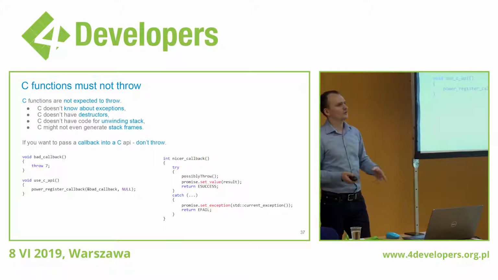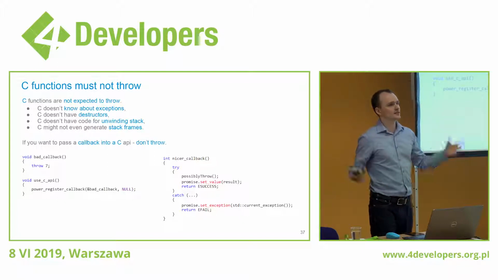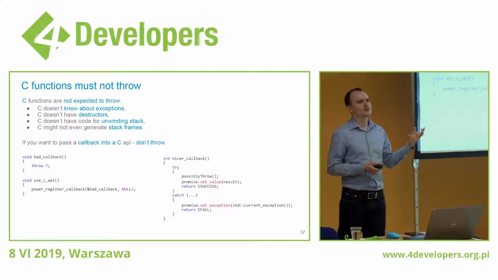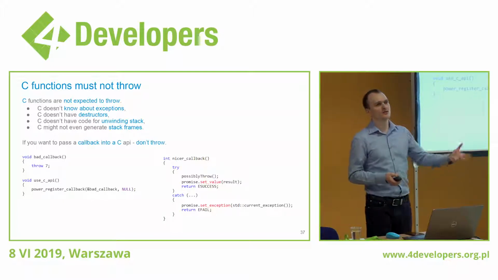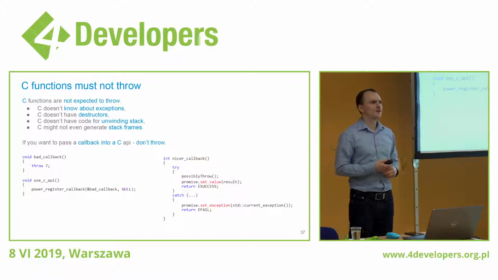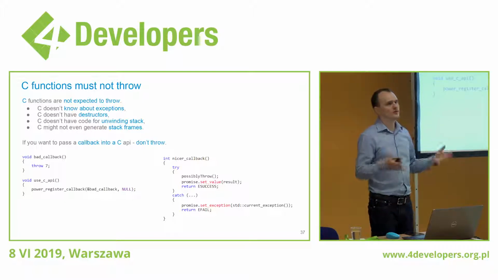Because when it throws, the exception would start to propagate, but the compiler wouldn't have the data that describes how to unwind the stack, how to clean up everything, because the C compiler doesn't even know about exceptions.